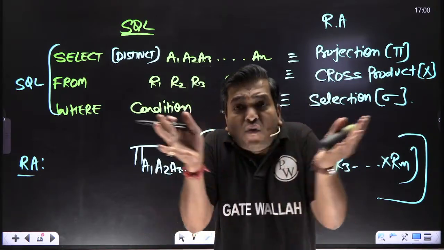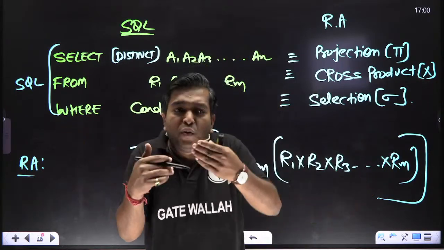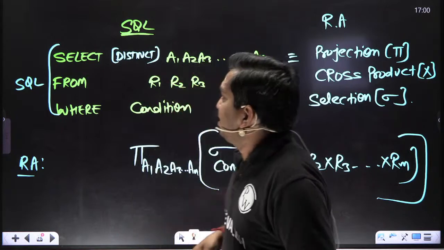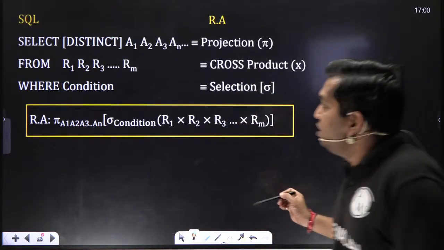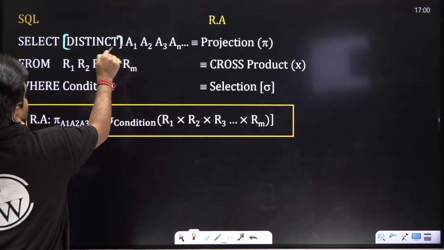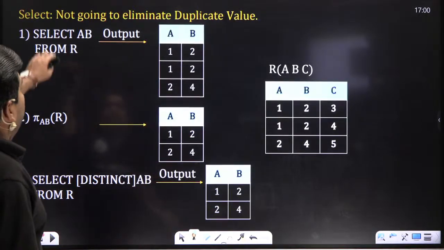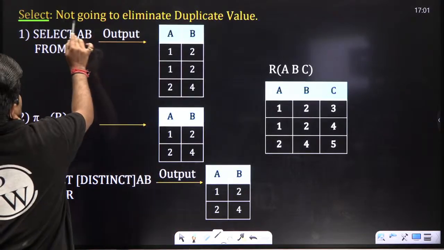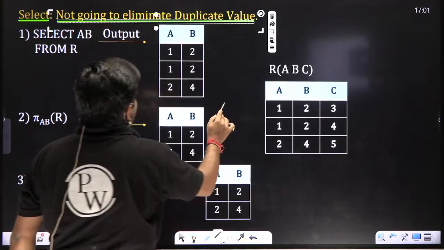If you don't want the duplicates, you have to use the distinct keyword, like here you can see. Now what I am discussing: first of all, select is not going to eliminate duplicate values by default.